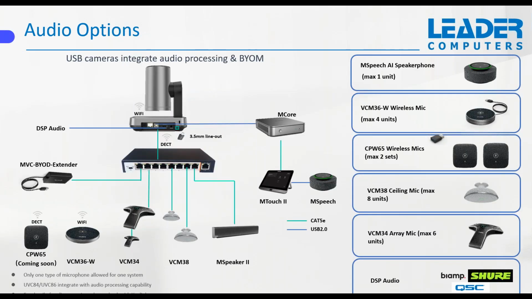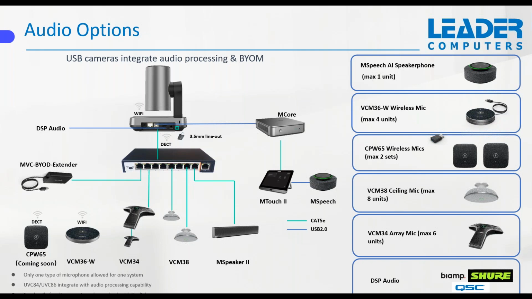Okay, now I'm just going to quickly highlight the flexibility and the ease of installation of the audio options from Yealink. As we can see from this diagram, we've got a camera that connects to our MCore via USB. Once we have that USB connection from the camera to the MCore, all of our audio peripherals will connect via that camera.